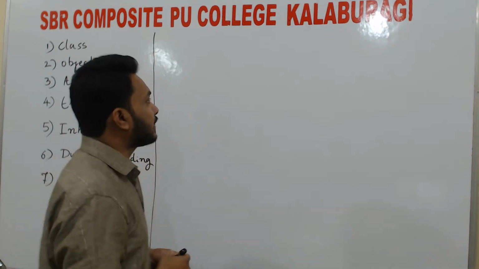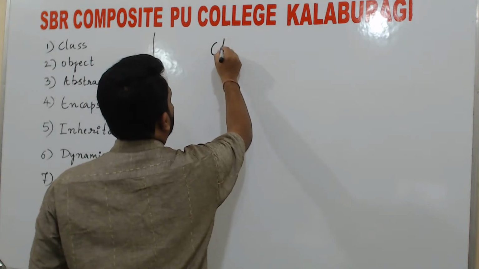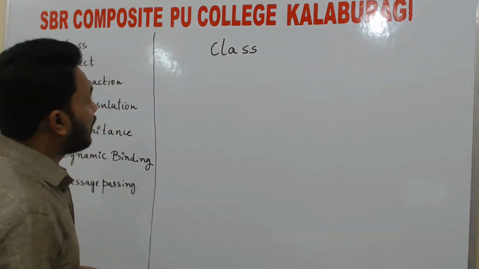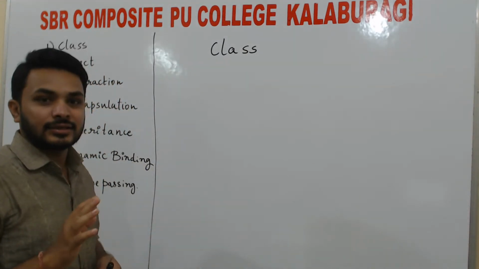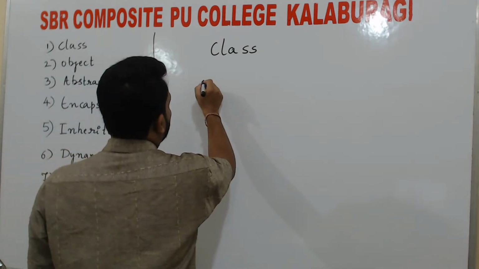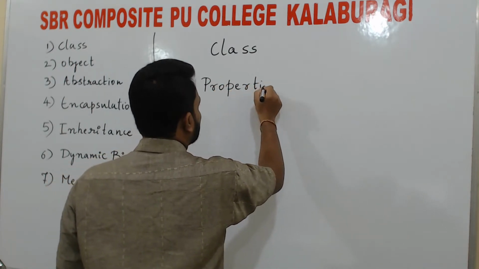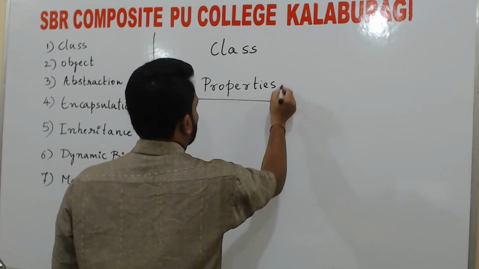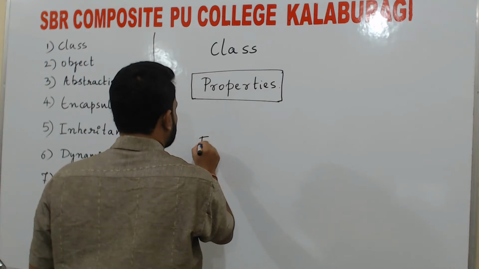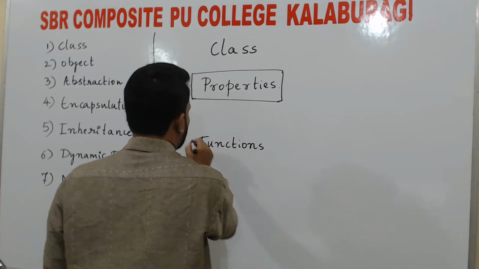First I will write what exactly a class includes. I will write one class, not programmatically; I am explaining what exactly a class includes in the program. The class obviously includes properties, and it includes functions also.